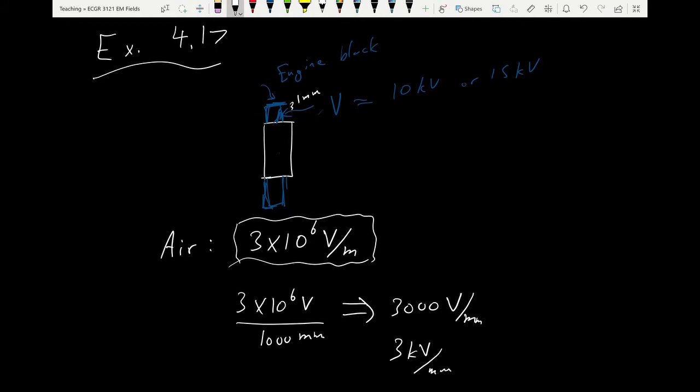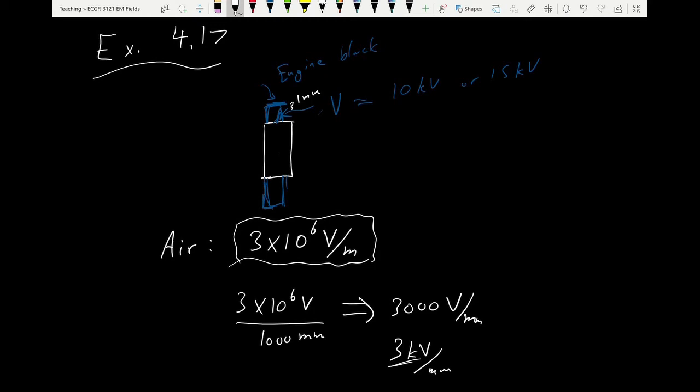So for a 1 millimeter length, it's enough to provide a voltage of 3 kilovolts, right? For air. So if I provide a voltage of 3 kilovolts across this 1 millimeter gap in the spark plug, I will get a spark. Right?